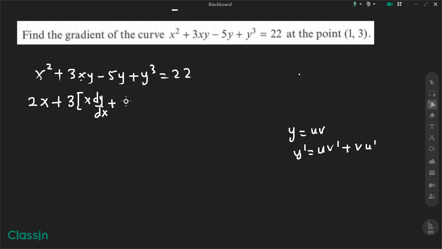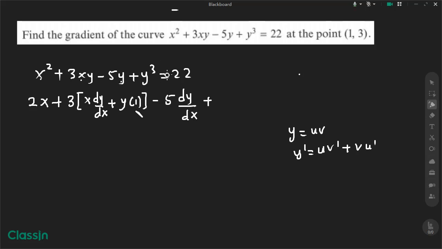Plus, we take y and we differentiate x. We get y times 1, because when we differentiate x with respect to x, we have 1. Minus 5y: if we differentiate y, remember, it's an implicit function, so we multiply by dy/dx, so it's 1 times dy/dx.